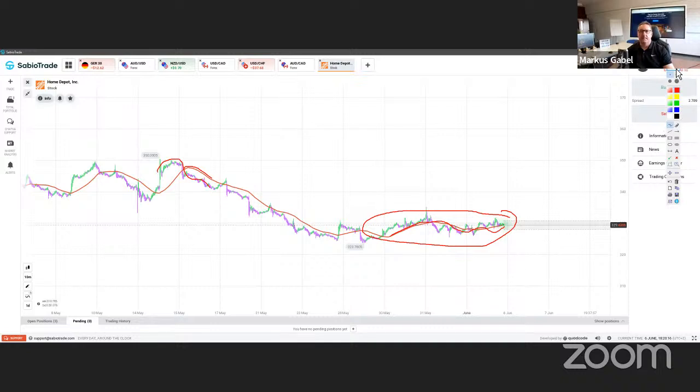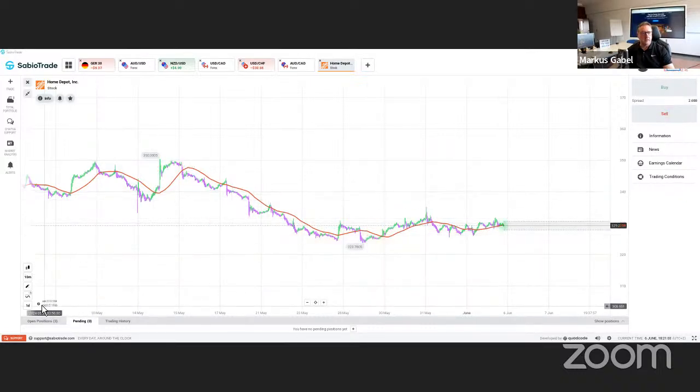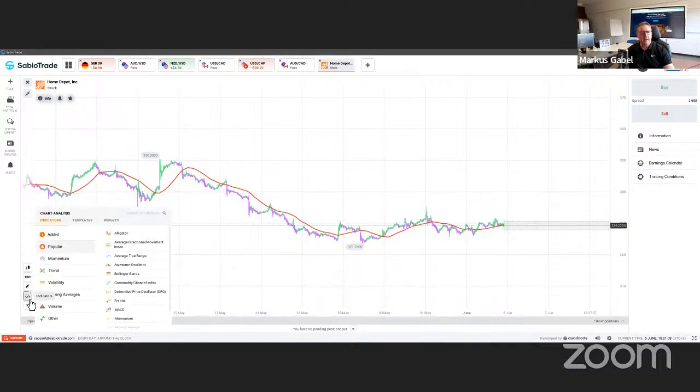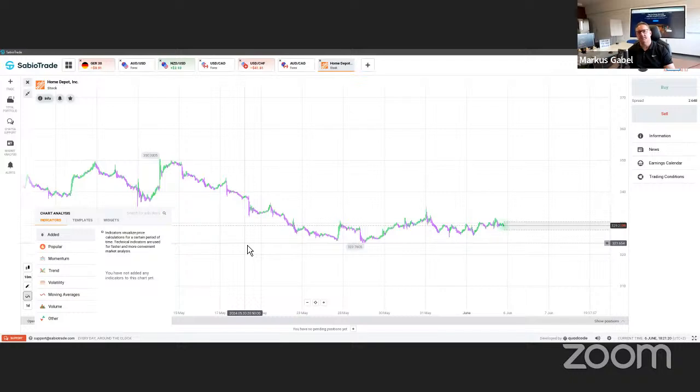Yeah. Let's go to the indicator. If you want to delete it, click on indicator. And you will have Added here. When you go to Added, then you click here on remove, and then it's done. Okay. Let's find another one.